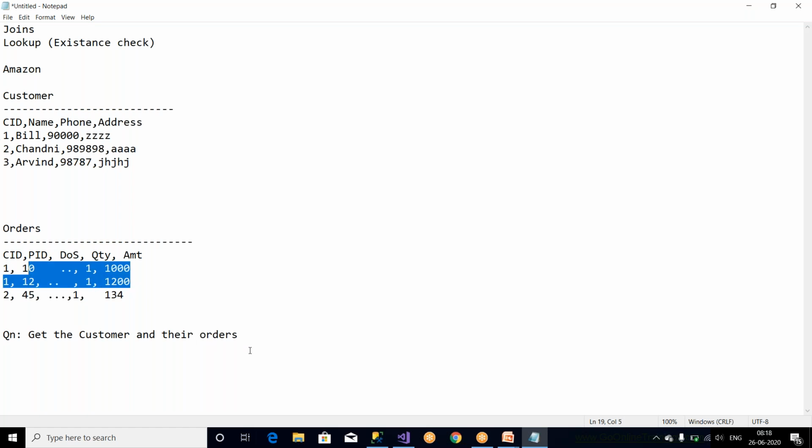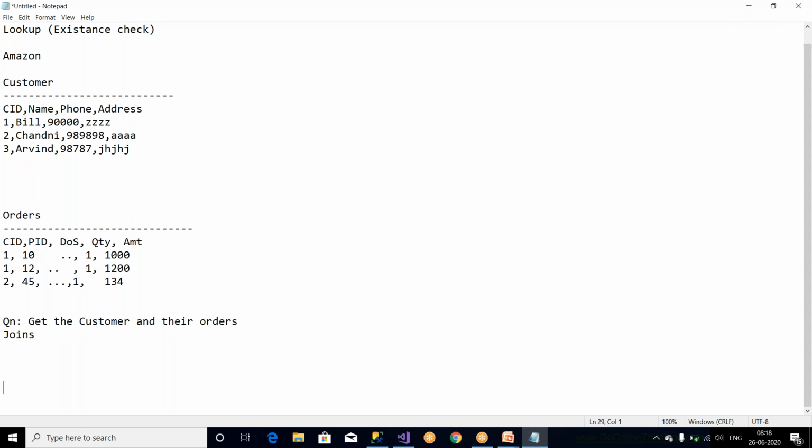Clear? To do that, we can definitely use joins, because all the matching data, so one is matching and this one is matching. If you wanted to get matching data, you must use joins only. Clear? Now I wanted to know the customers who placed orders, that's it.